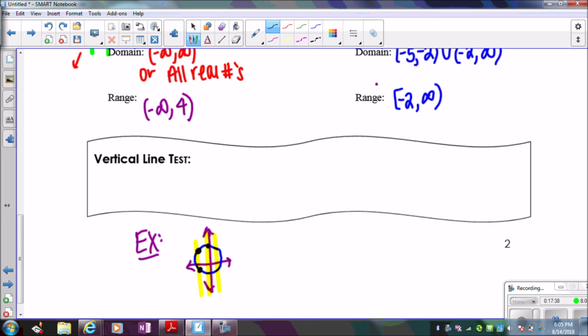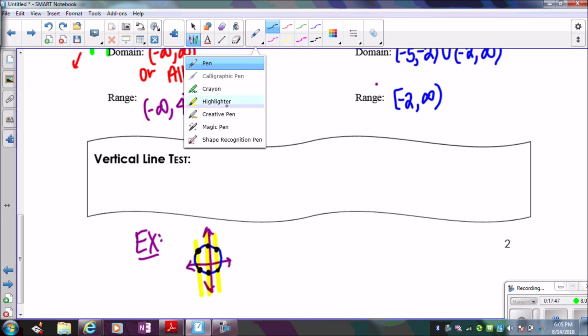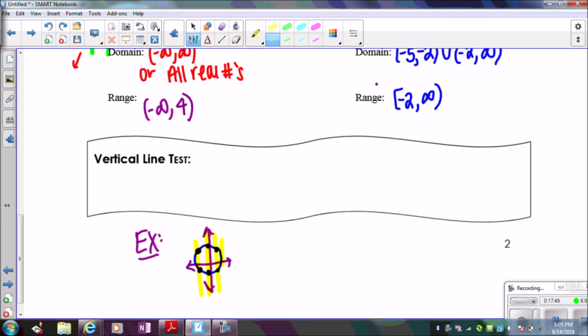So since this hits in two spots, that's not a function. Whatever this x value is, it has two outputs. Even though I can draw a vertical line over here that only crosses once, as long as there's one vertical line that has two outputs or it crosses twice, that means it's not a function. So that's an example that's not a function.